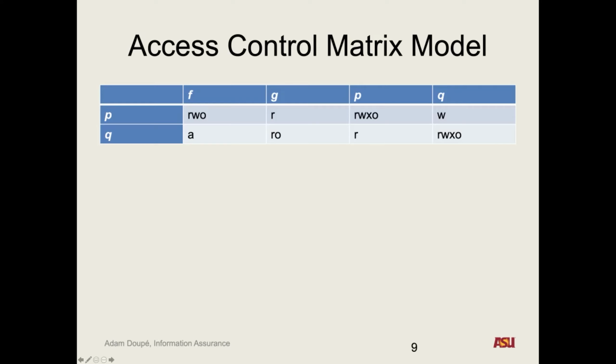Q also can only read and own file G, and P has read access to process P and full access basically to process Q: read, write, execute, and other. Sorry, other is own in this example. So what does own maybe mean here?